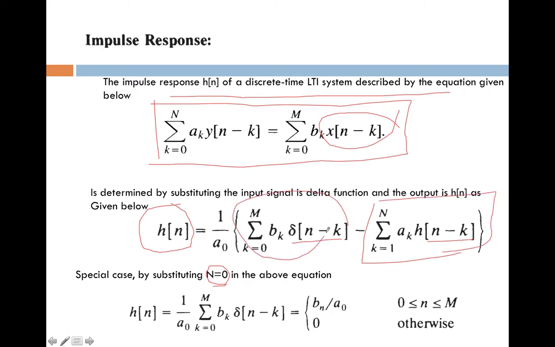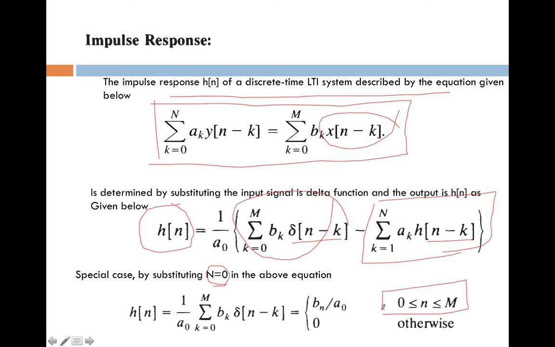In the remaining part we have only this one, and this is valid only for specific values of n, that is, b n by a naught is defined over the interval 0 is less than or equal to n is less than or equal to m.